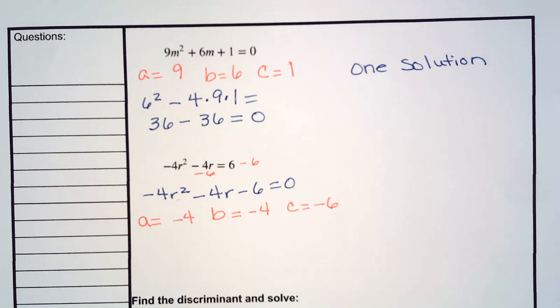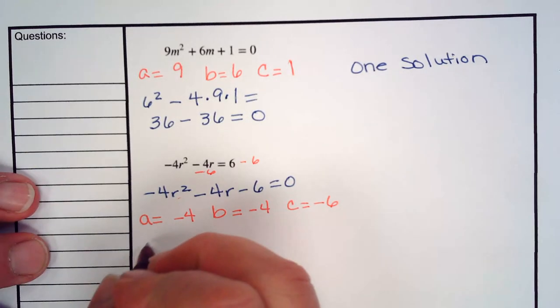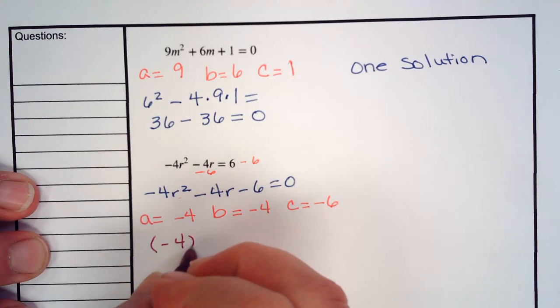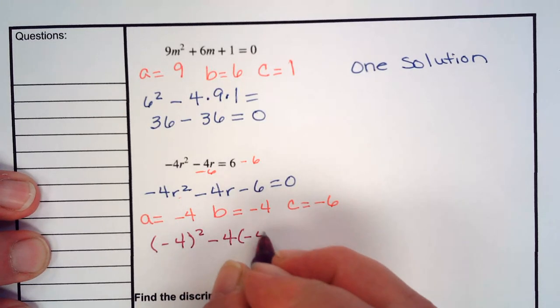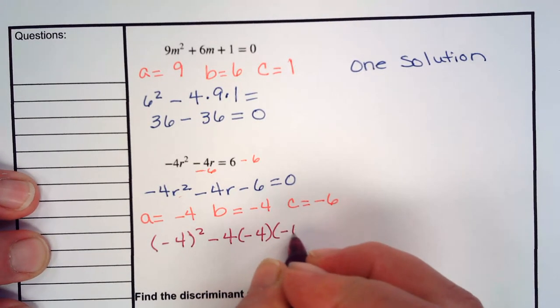Okay, time to put it all together. Negative 4 squared minus 4 times negative 4 times negative 6.